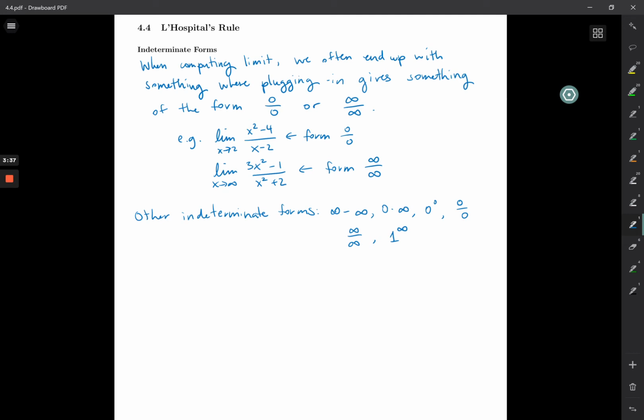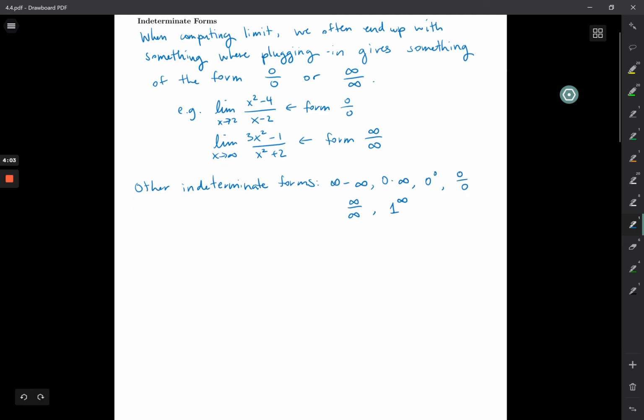So these are things that when we get them, when we plug in the value that our limit is approaching, if we get something of this form, any one of these, that means that we need to do some more manipulation or possibly apply L'Hopital's rule in order to deal with that limit. So we can't just leave this as our answer because it's an indeterminate form.